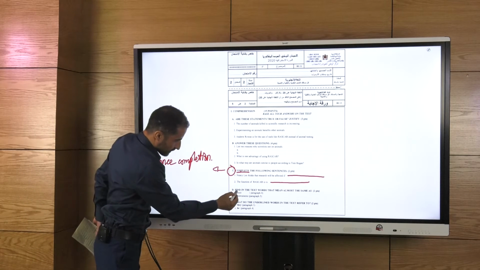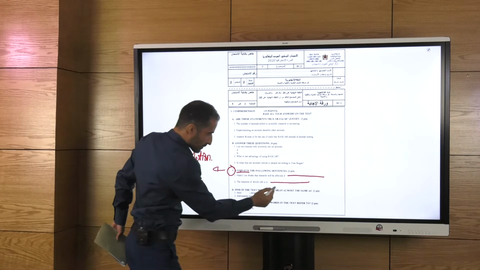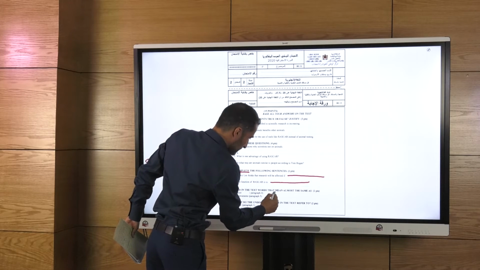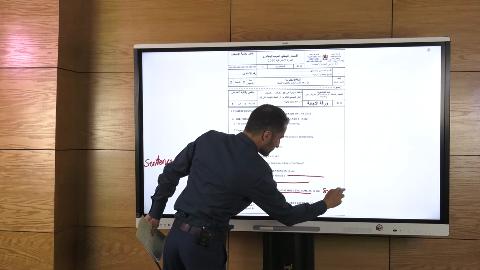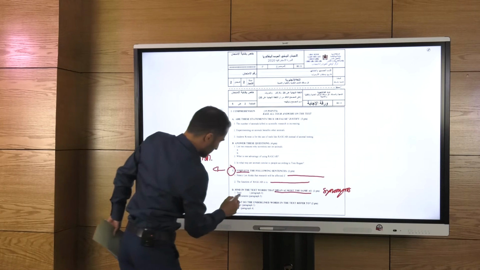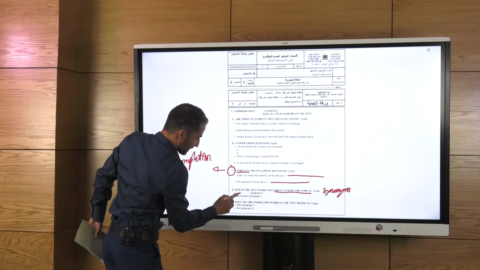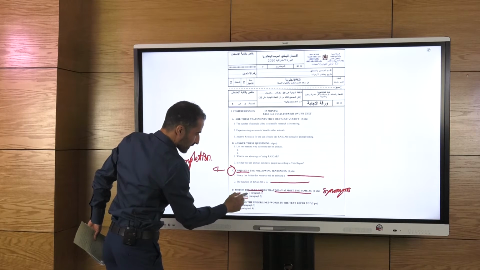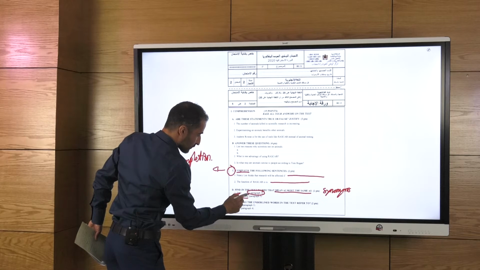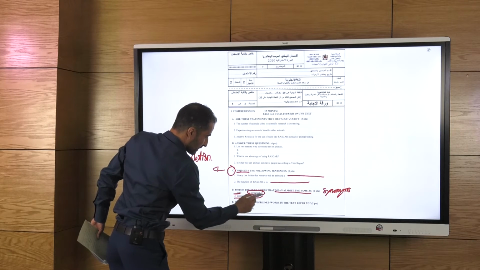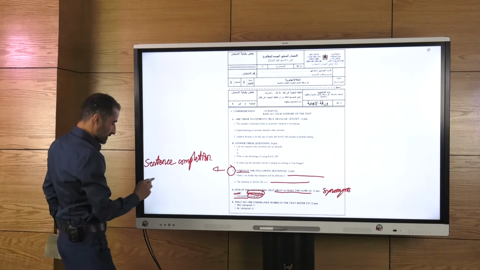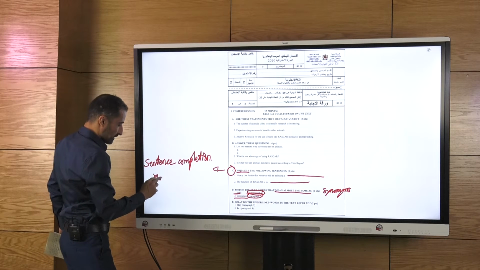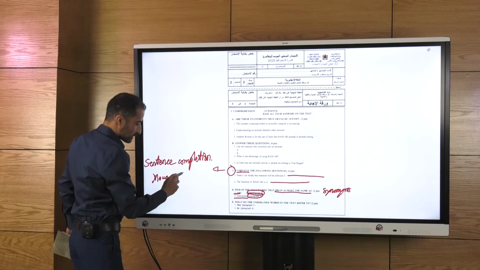Now here, you are going to find synonyms or words that mean the same as, okay? Something which is very important, you have here limit and you have here instruments. So you are going to search for limit in paragraph number 4 and you are going to search for instruments in paragraph number 5. Something which is very important is, for example, if you have a noun, the answer is going to be a noun.